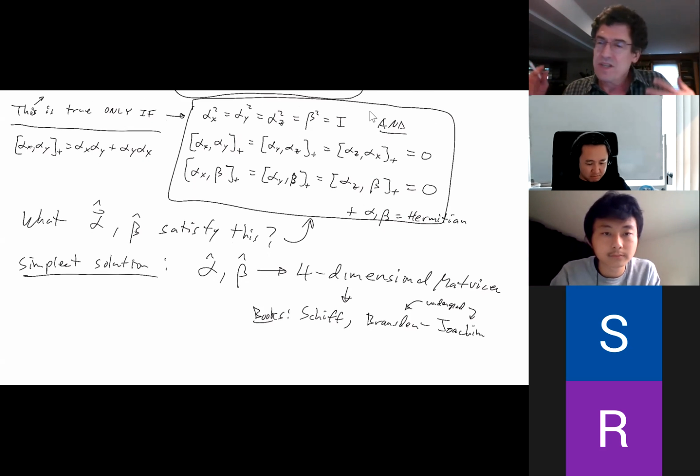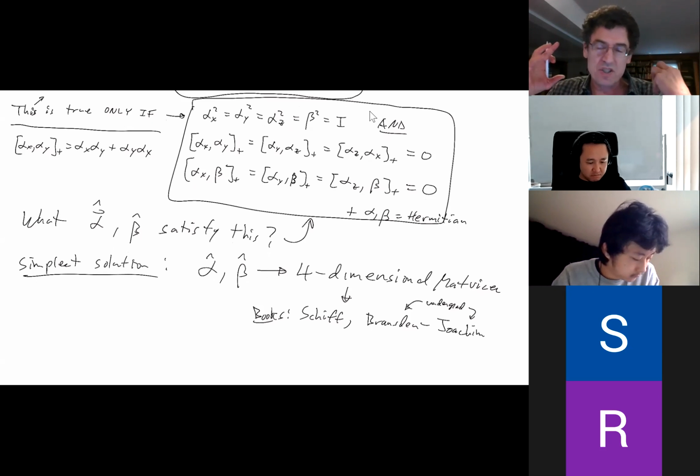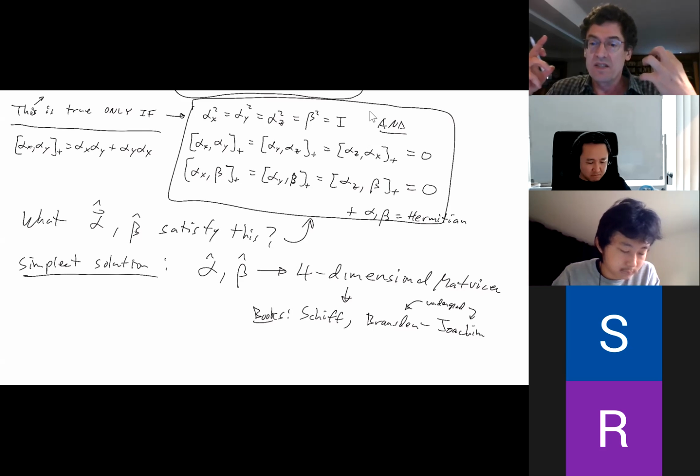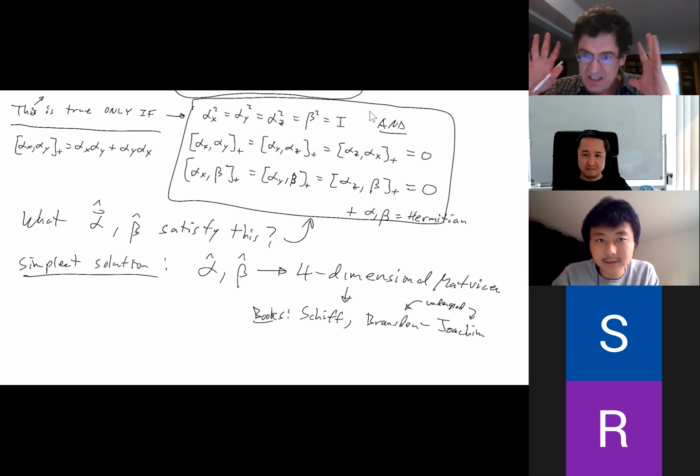I'm not going to get into it because it's a bunch of math. Dirac was really good at math, and his genius was to look at these constraints and realize that there is an operator that satisfies them. I just laugh because I would never have figured this out in a million years. How could someone figure this out? But he did. He noticed that there is a set of four-dimensional operators that satisfy these constraints.